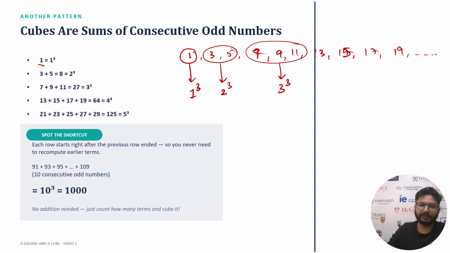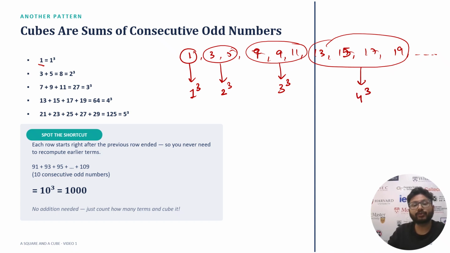This is 3 cube. This is basically equal to 64, which is 4 cube, and so on. We saw a pattern in squares, there's a pattern in the cubes also.